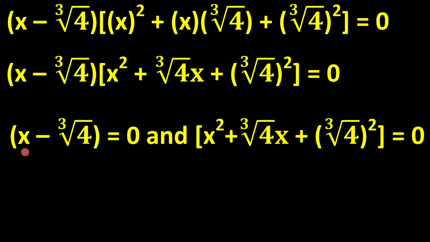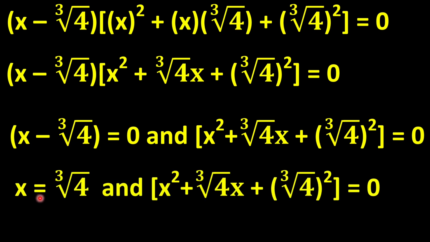And now we will send this cube root to the other side of the equation, so it will become cube root of 4, because here it is minus, on the other side it will become plus. And similarly x square plus cube root of 4 x plus (cube root of 4) square equal to 0.